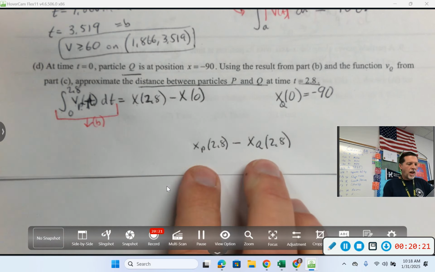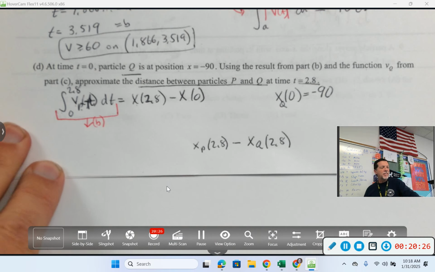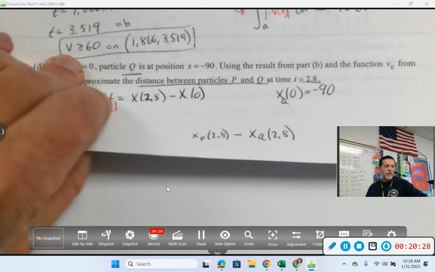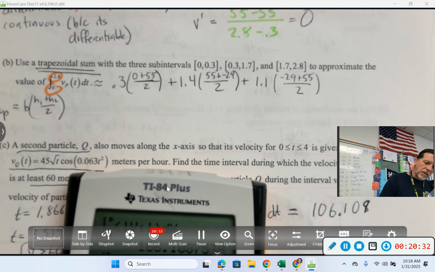So I made a big deal back at part B of saying, hey, I'm going to safe stop this because I don't need it, I need it now. So I'm going to go back to part B and figure out what that is.